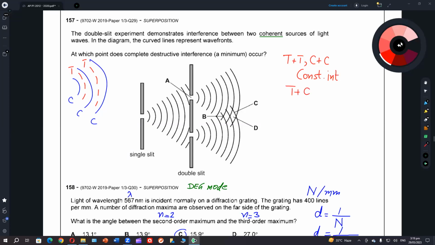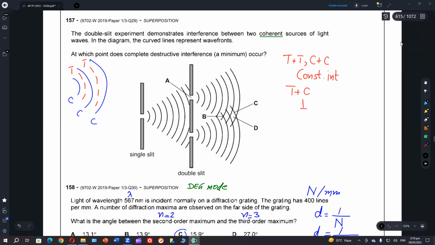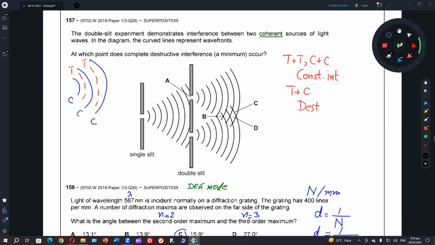Trough plus crest. So this is the rule to remember.